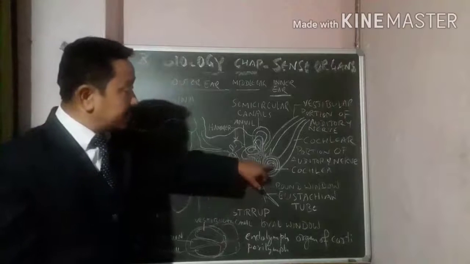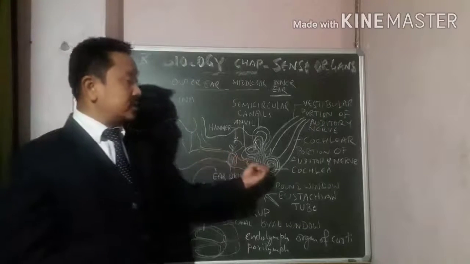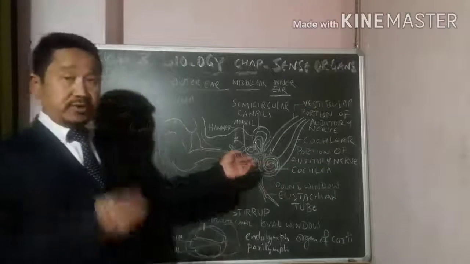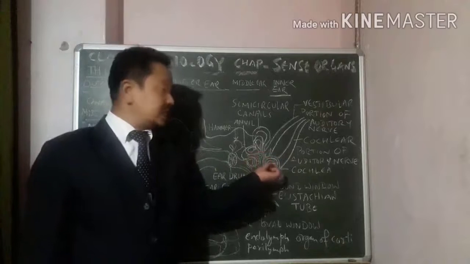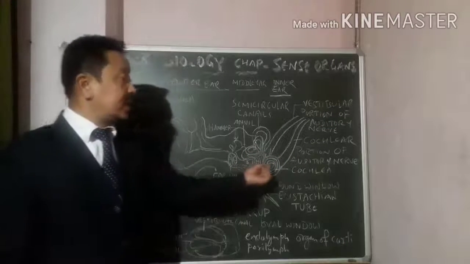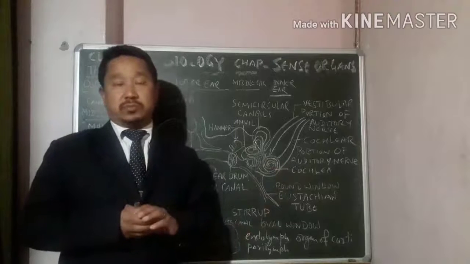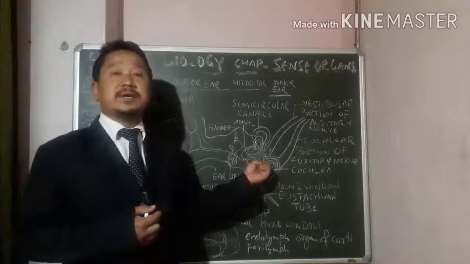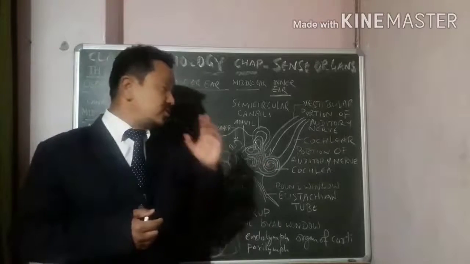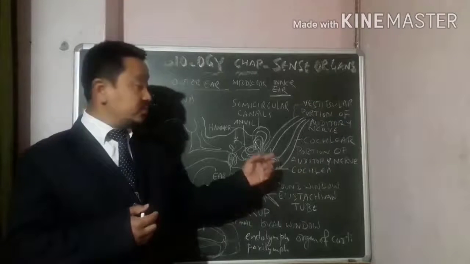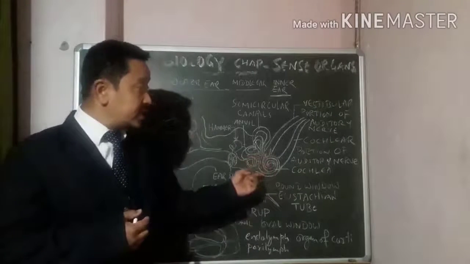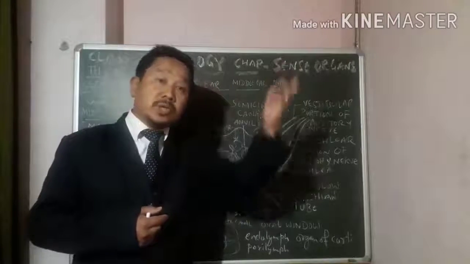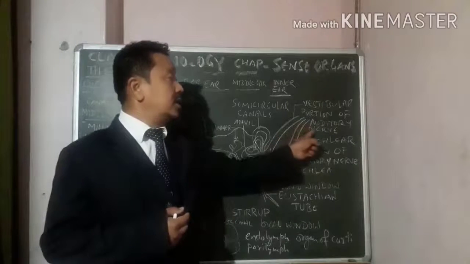How it happens in the cochlea is that the fluid substance inside, the endolymph and perilymph, as we have discussed before, is also set into vibration. This vibrating movement of the fluid now stimulates the sensory cells present here, so that the impulse is taken to the brain via the auditory nerve.